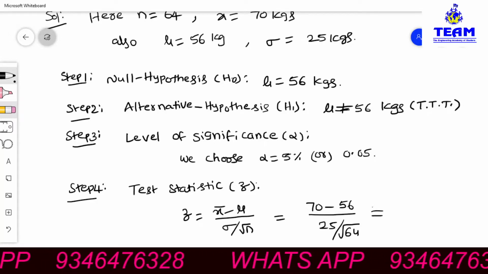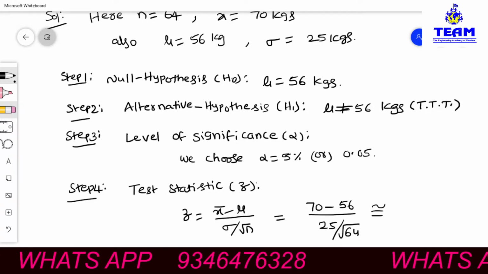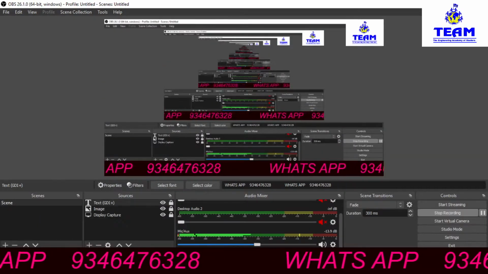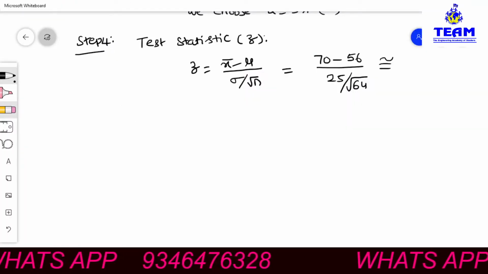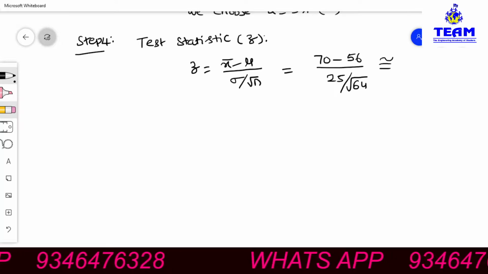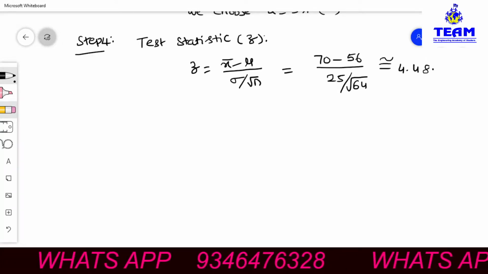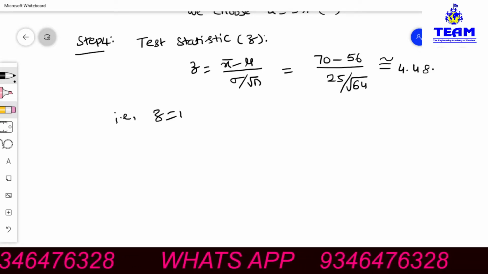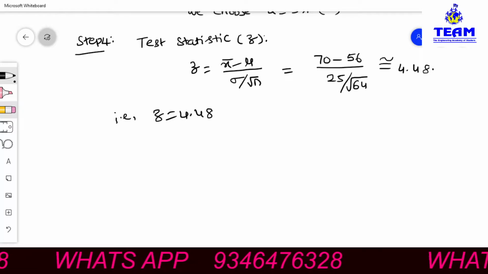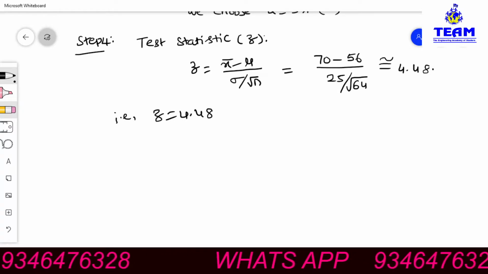On simplifying with a calculator, we get Z equal to 4.48. This calculated value is called the test statistic.